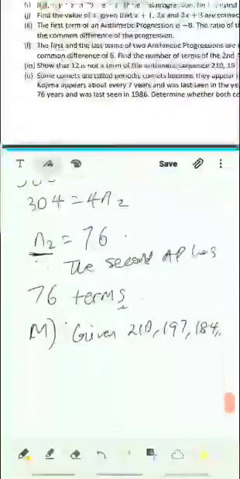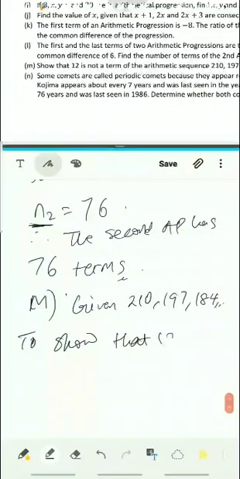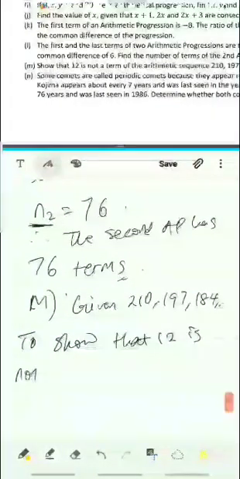Okay, we want to show that 12 is not a term.